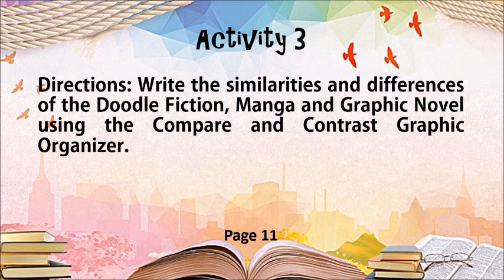Next, for activity number 3 on page 11, write the similarities and differences of the doodle fiction, manga, and graphic novel using the compare and contrast graphic organizer. So you are going to do the same as in activity number 2. You are going to draw a Venn diagram in order to compare the doodle fiction, manga, and the graphic novel.